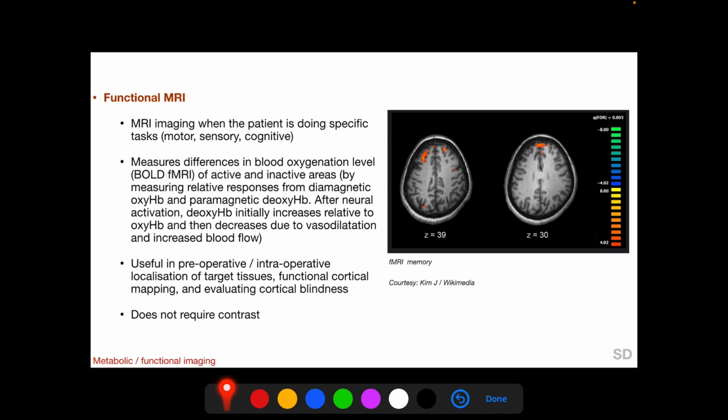After neural activation, deoxyhemoglobin initially increases relative to oxyhemoglobin and subsequently decreases due to vasodilatation and increased blood flow. It is useful in preoperative and intraoperative localization of target tissues, for functional cortical mapping, and in evaluating cortical blindness. It does not require contrast.